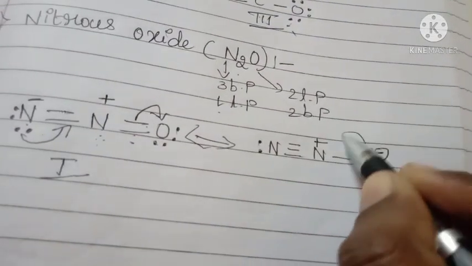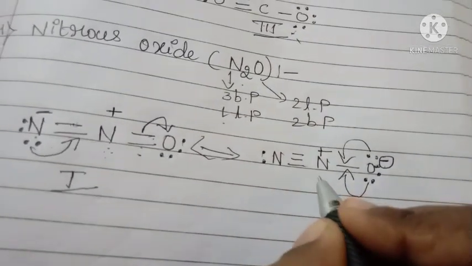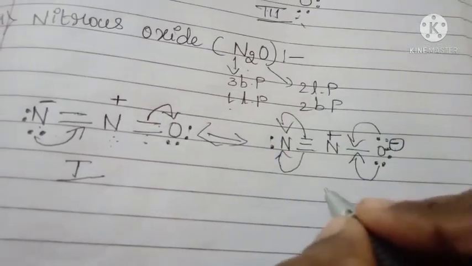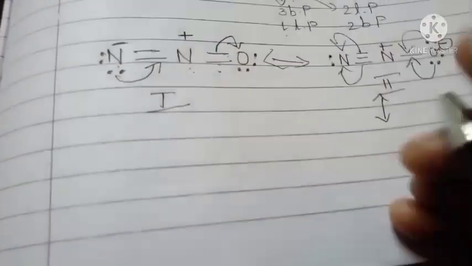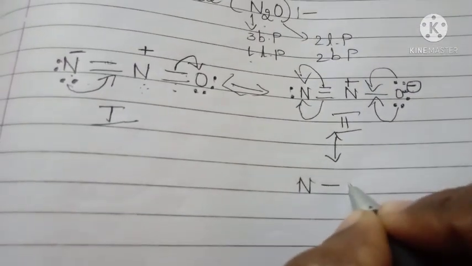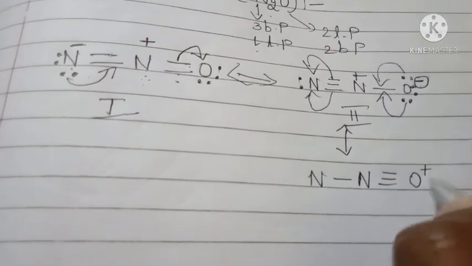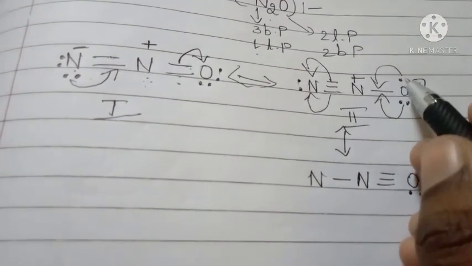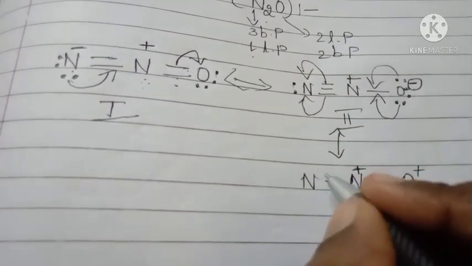Then this lone pair and this lone pair of electrons should be converted to bond pairs, and this bond pair and this bond pair should be converted to lone pairs. So the next resonating structure is N single bond N triple bond O plus, with 1 lone pair of electrons present, because 2 lone pairs are converted to bond pairs, and here also nitrogen carries a positive charge.